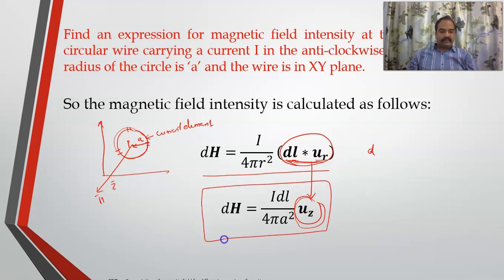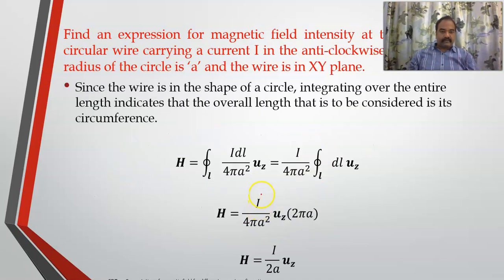Now I will integrate this over the entire length L, which is nothing but the circumference of my wire. What was my expression? dH is equal to I dl by 4 pi r squared into u_z, because the field is along the z axis.